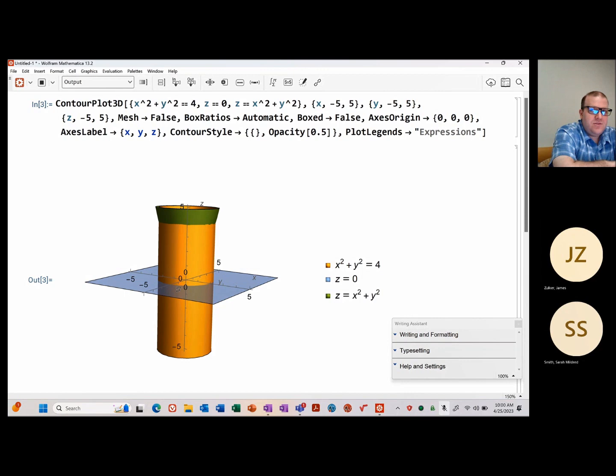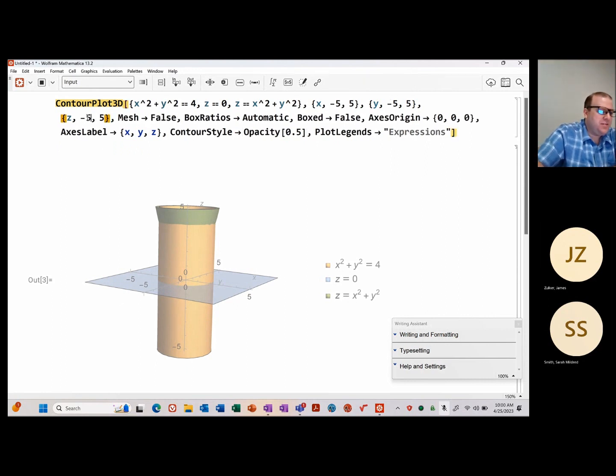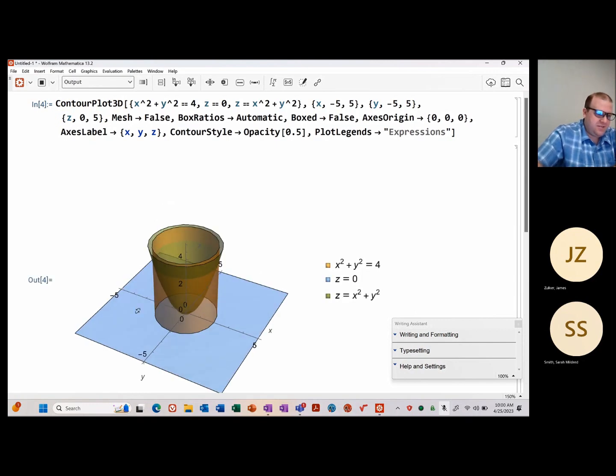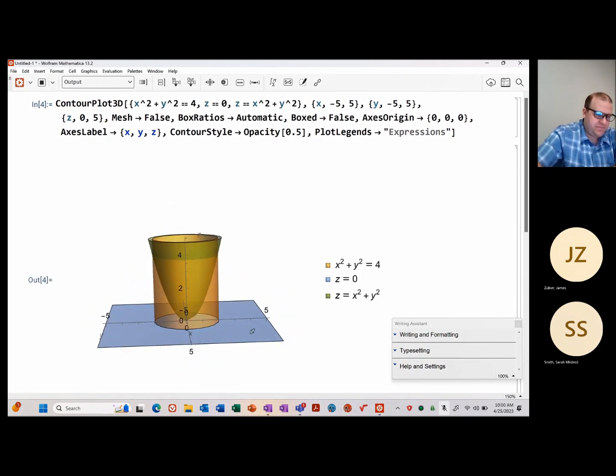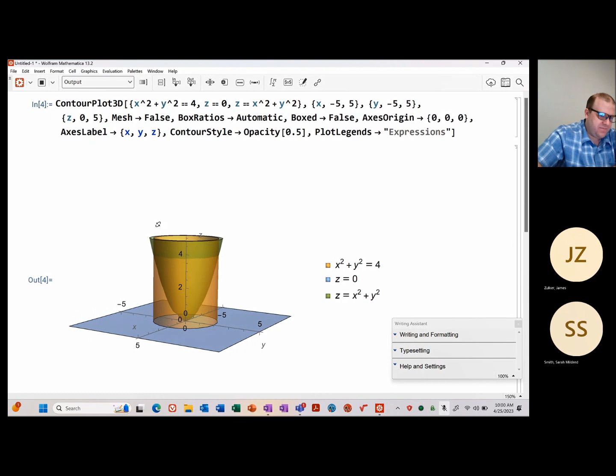Which means the region that it encloses, I'm also going to set z to be 0, because clearly we don't care about what's under it, is what's inside the orange but outside the green.